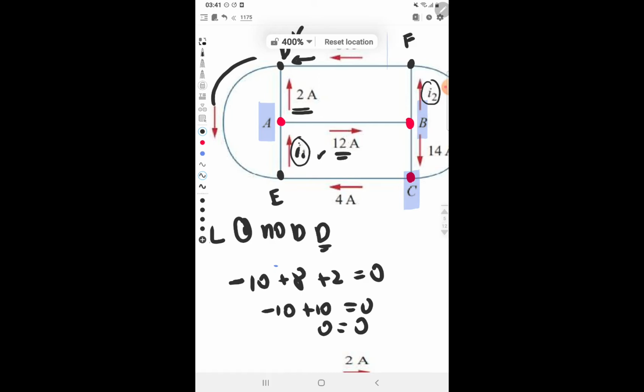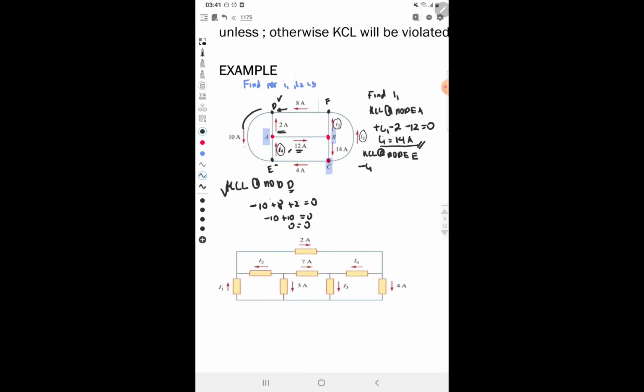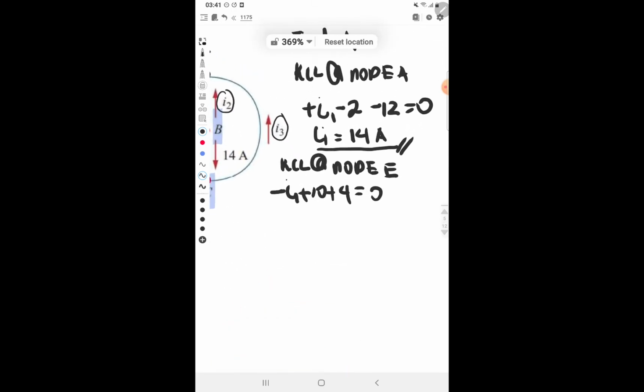Take note that I1 is leaving our node E, so we have negative I1. The currents entering our node E are our 10 ampere, so plus 10, and our 4 ampere, so plus 4 equals 0. When we transpose our I1, it will give us 14 ampere.